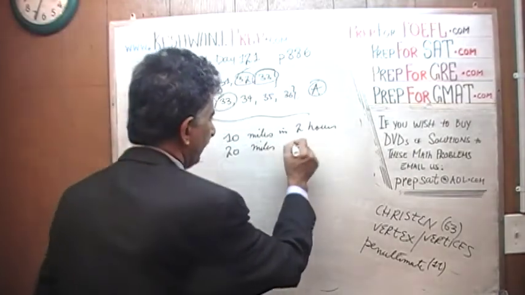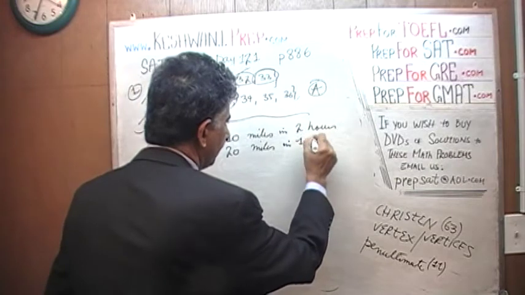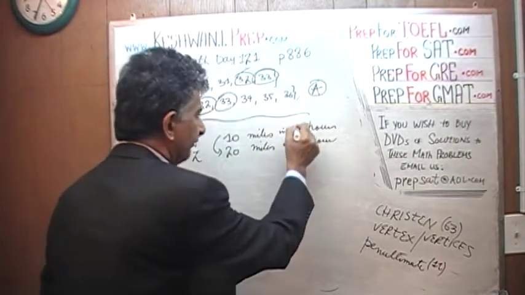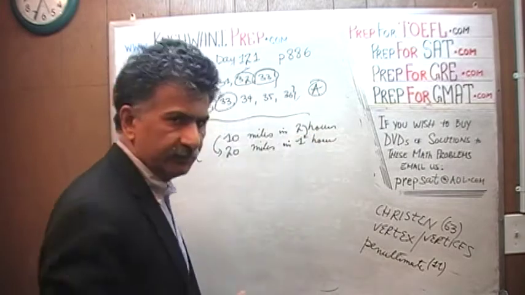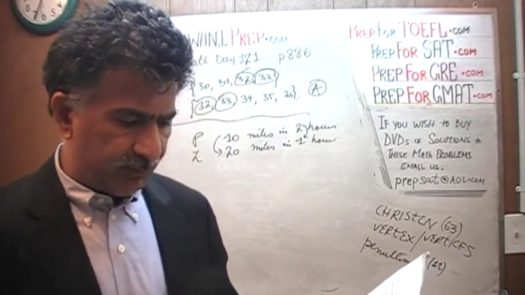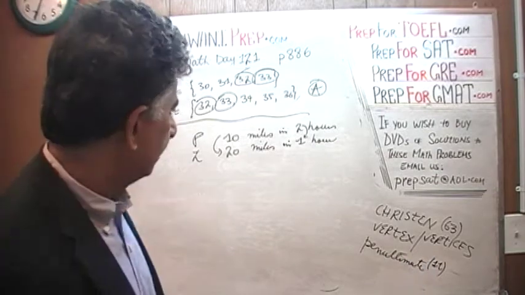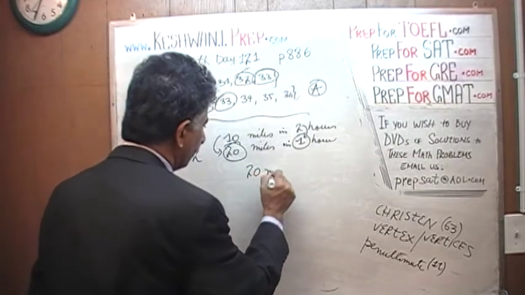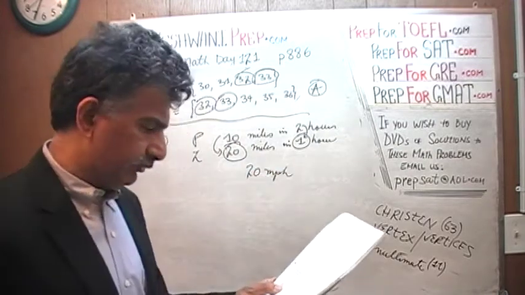Half of 2 hours would be 1 hour. So Linda traveled twice as much in half the time, which is 1 hour. Let's see what they're asking for. What was Linda's average speed in miles per hour? Well, this is very simple. This is per hour. This is 1 hour. So it's 20 miles per hour. The answer is C.